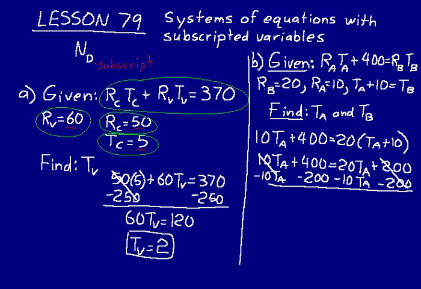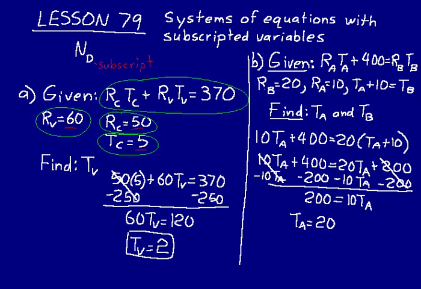That'll cancel what's on the left. And so we have 400 and a negative 200. That's 200 is equal to 10 TA. If we divide both sides by 10, we'll see that TA is equal to 20.